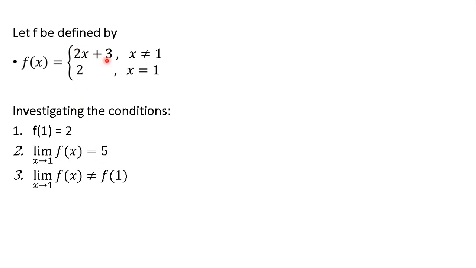As we substitute the value 1, that's 2 times 1 plus 3, which is equal to 5. For the third condition, the limit of f of x as x approaches 1 is not equal to f of 1, because f of 1 is equal to 2 and the limit is equal to 5.